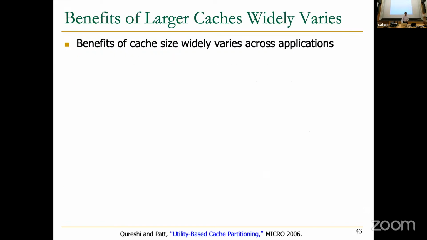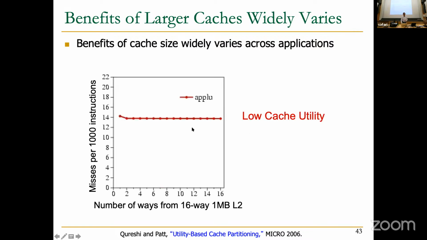Okay, so the benefits of a larger cache actually vary widely. It depends on the size of the working sets, for example. I'll give you some examples over here. This is real data measured in some paper, as you can see over here. This is the number of ways from a 16-way 1 megabyte L2 cache. So if you use only one way for this application, the miss rate, misses per 1,000 instructions, is almost the same as when you use 16 of the ways for that application.